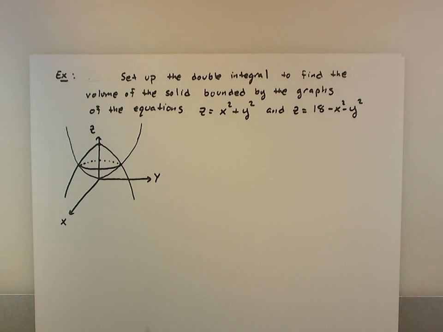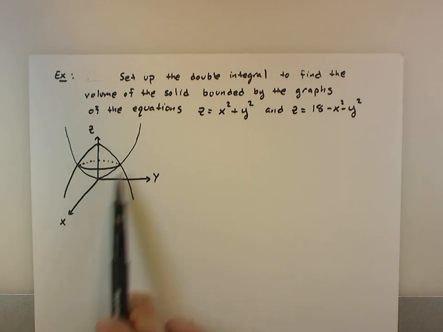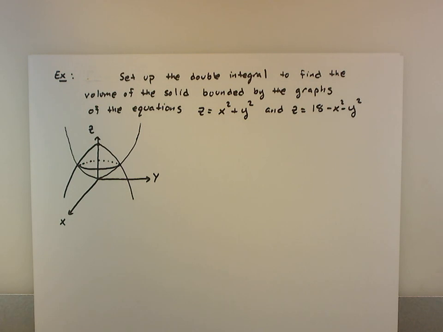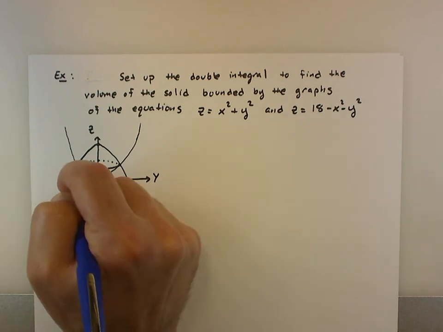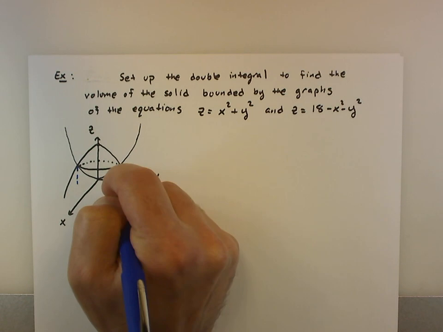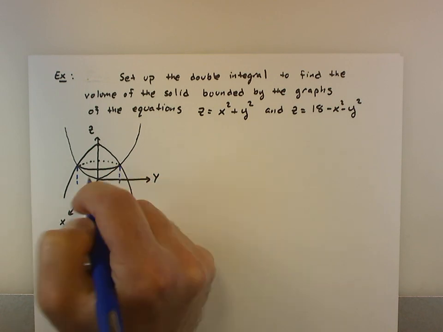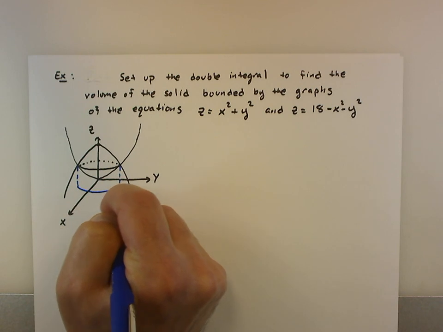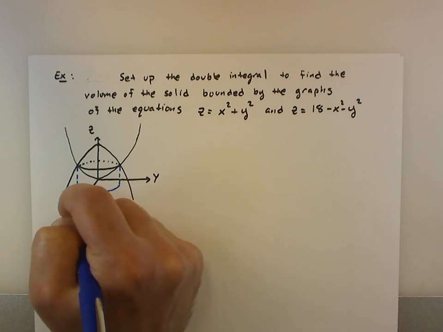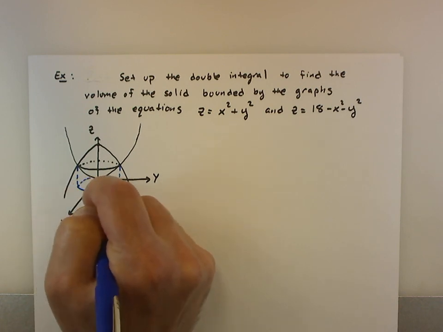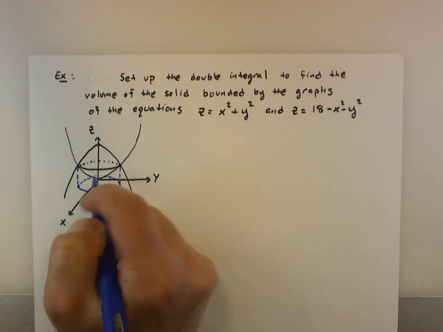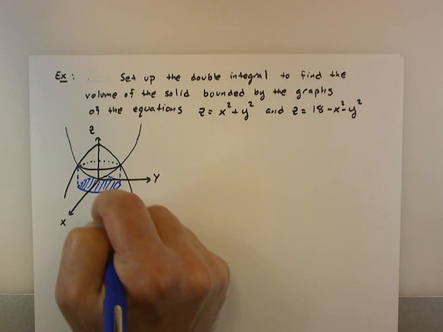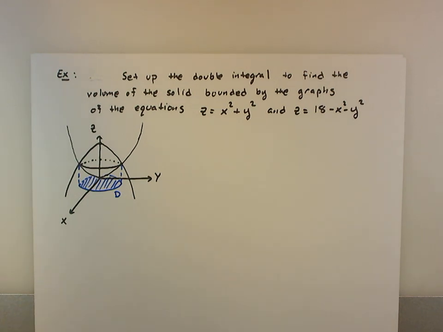So I'm looking for the volume of this region here, which looks like an egg. If I project this into the XY plane to determine what the region D is, that's the region D.